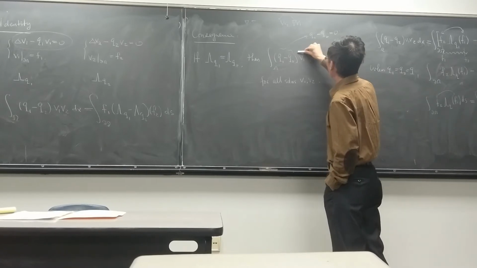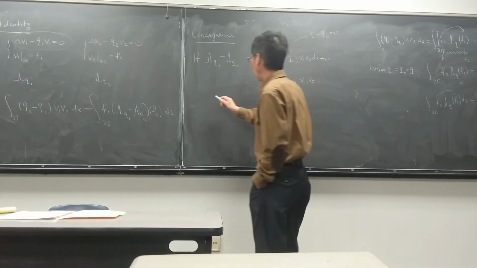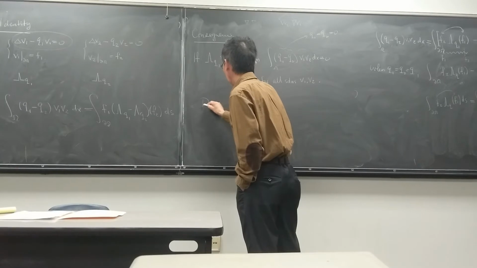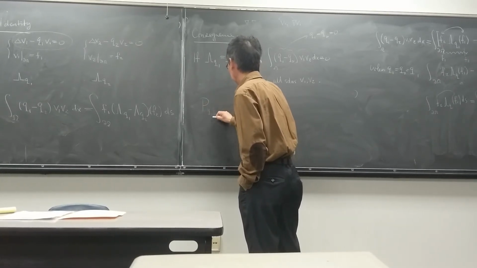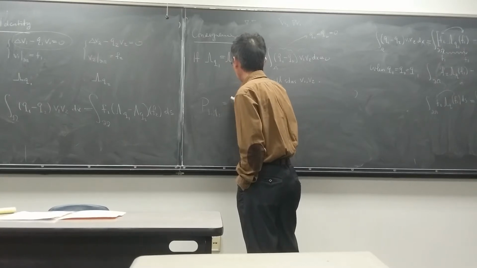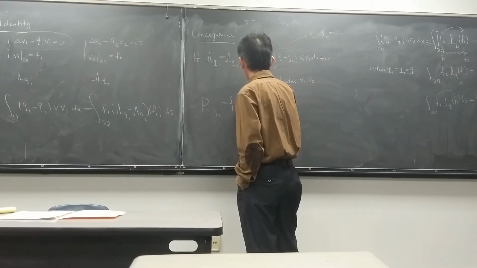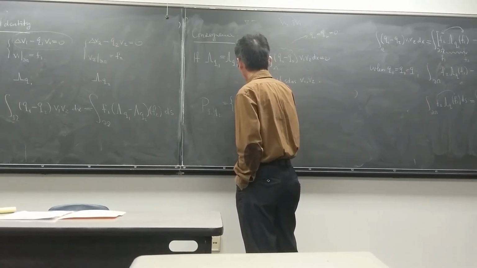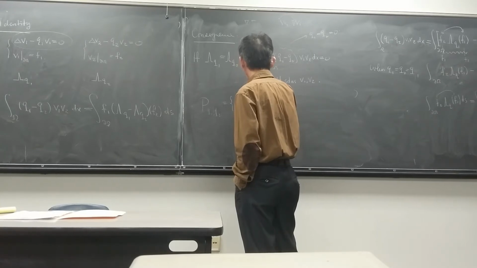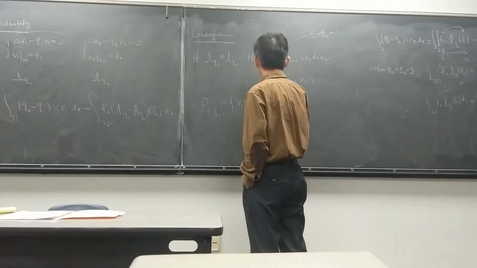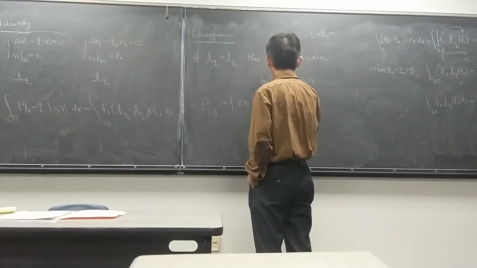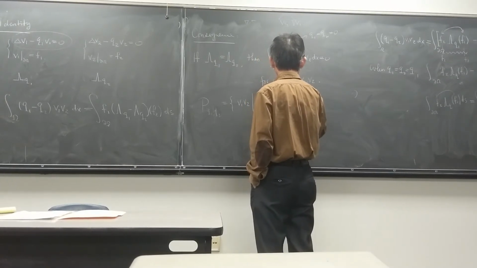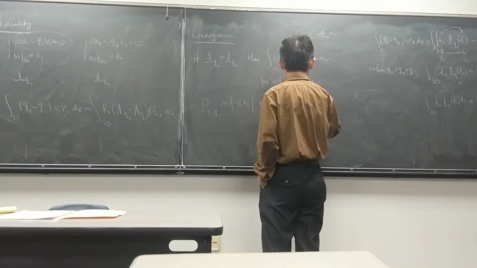So for this purpose, let's introduce the notation. P of Q1, Q2 is equal to all the products of solutions V1 V2, such that each Vi is a solution to the Schrödinger equation.